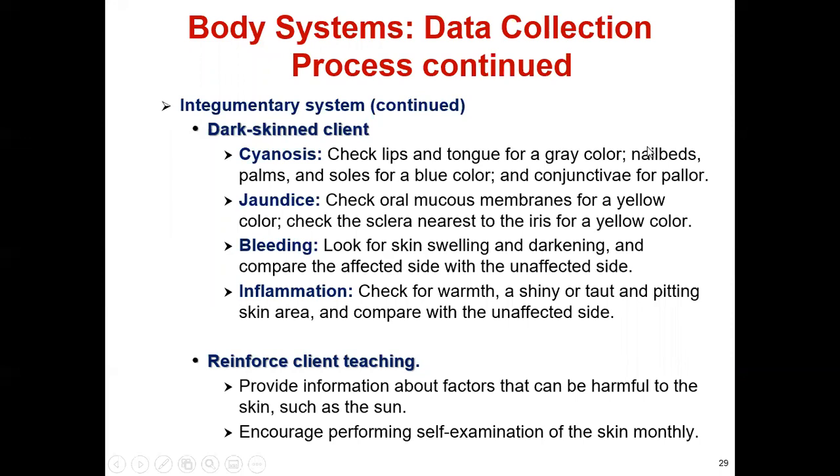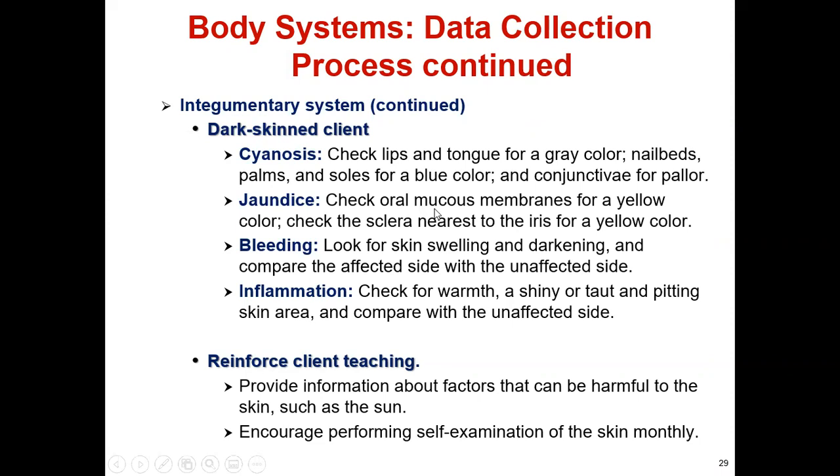Or we can check the nail bed, hands, or soles for blue color, or the conjunctiva for pallor. Blue discoloration is called cyanosis. Your tissue does not get enough oxygen.